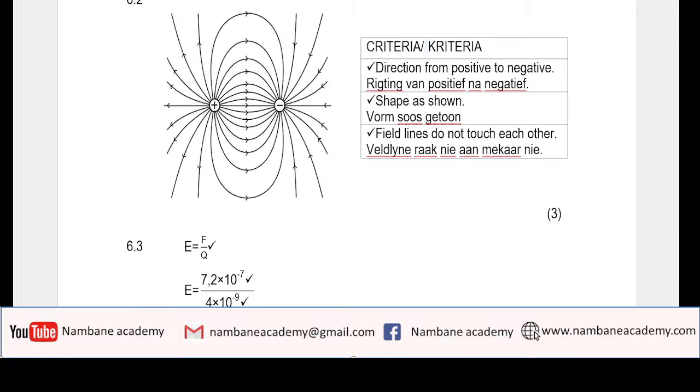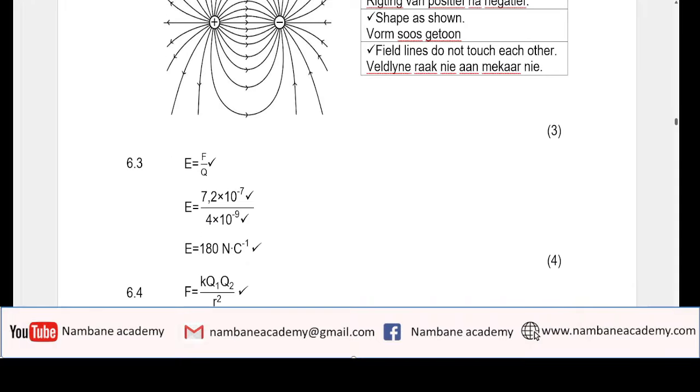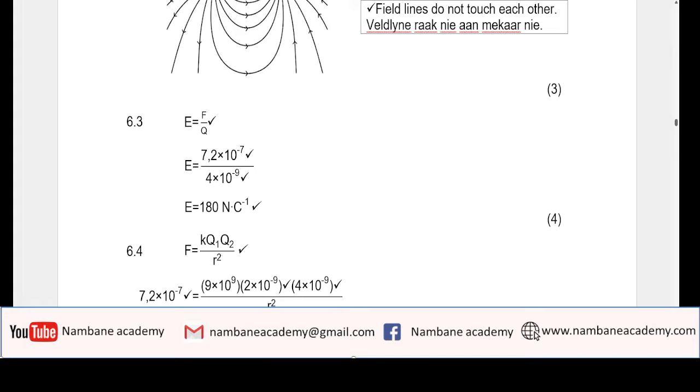You look at the directions from positive to negative. You look at the shape as shown, and you look at the field lines that do not touch each other, for 3 marks.